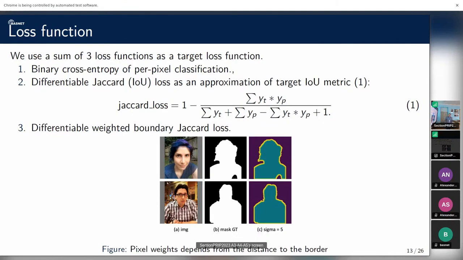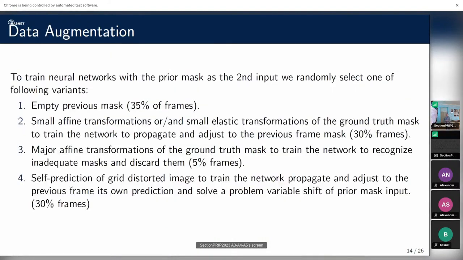I boost the weight of pixels that are nearest to the border of the target mask. Lastly, for data augmentation, I use various techniques such as color jittering, brightness and contrast jittering, and for augmentation of the second input to emulate a video stream, I use an empty target mask.